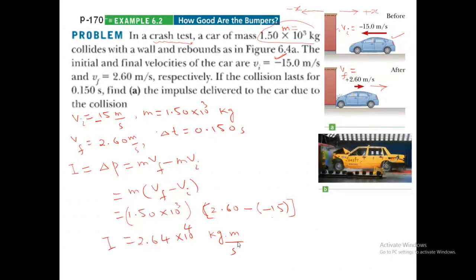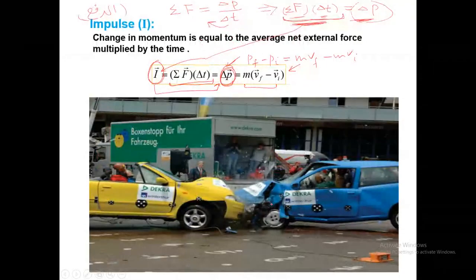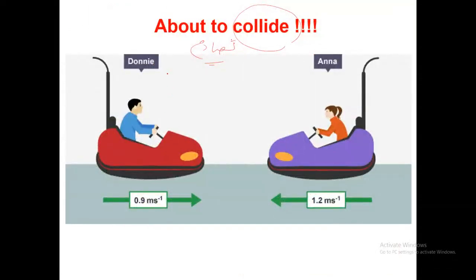I told you in the last page that you have Newton's second law of motion in this form, right? So we discussed that net force is equal to m delta v over delta t, which was equal to change in momentum over time interval.